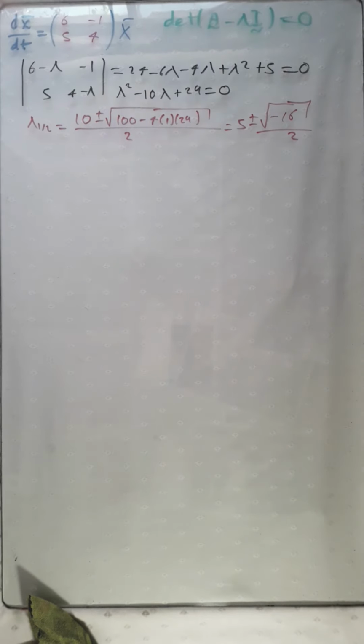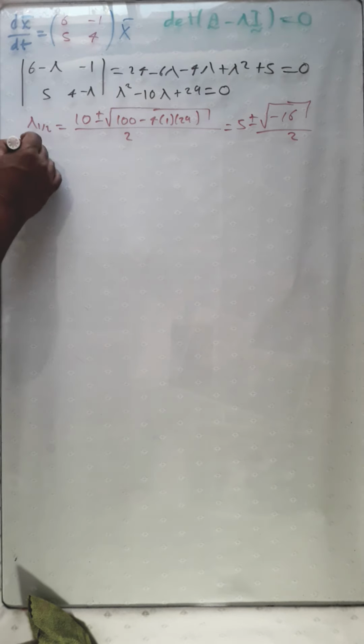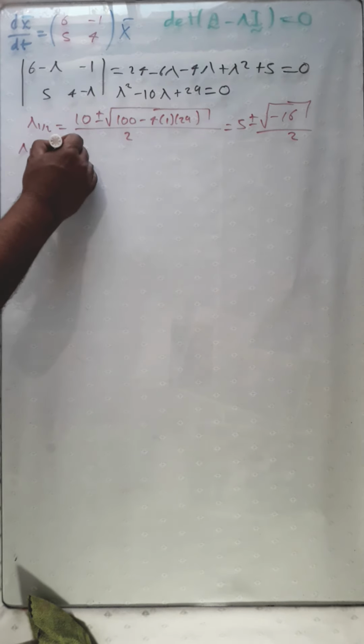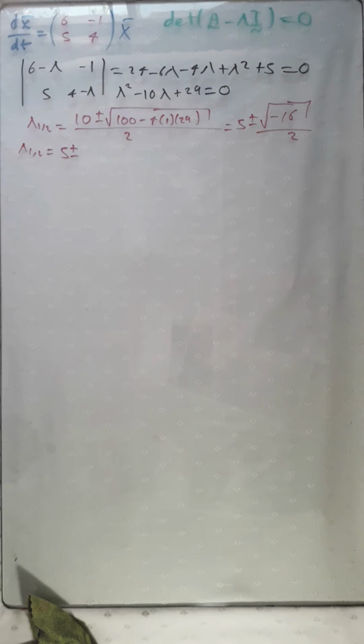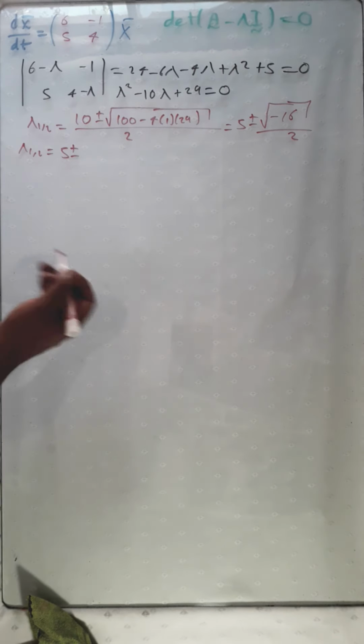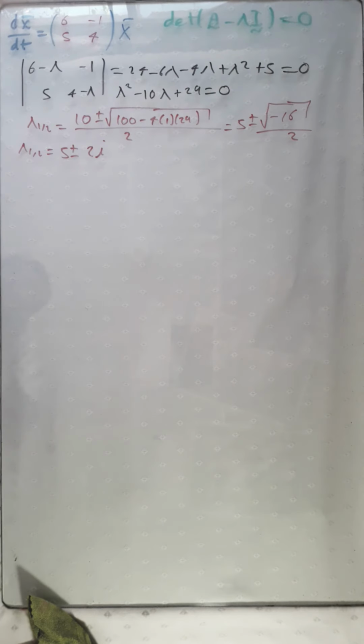And because it is going to be minus 16, then you will have the imaginary root. So lambda 1 and 2 is going to be 5 plus minus the square root of 16, which is 4, divided by 2, which is 2i. And then you have imaginary roots.